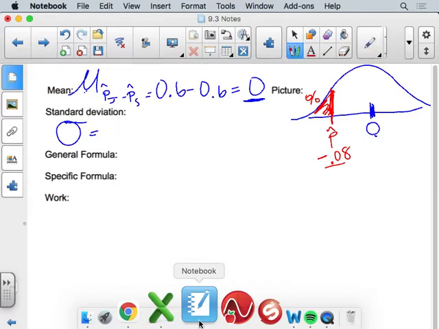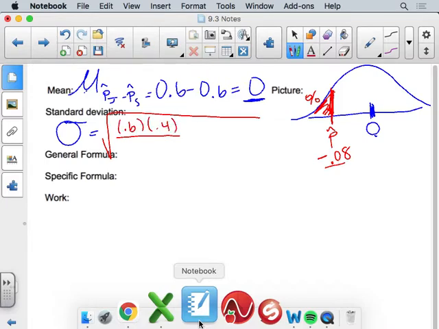So what we would do, our standard deviation is supposed to be the proportion of juniors times 1 minus the proportion of juniors. But we think it's the true proportion, which we said is 0.6.